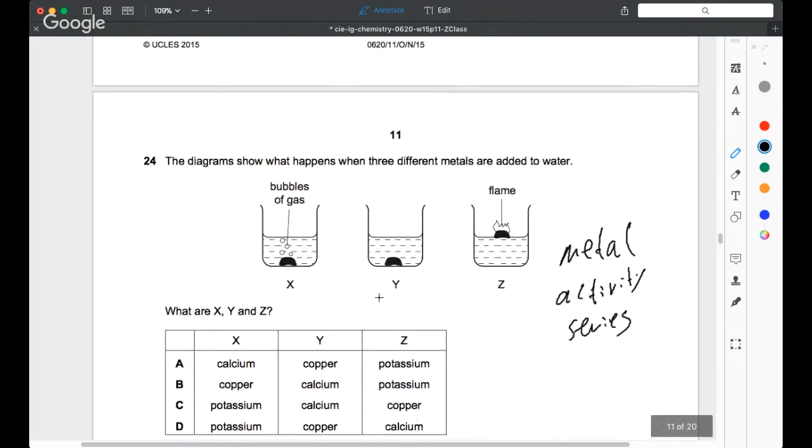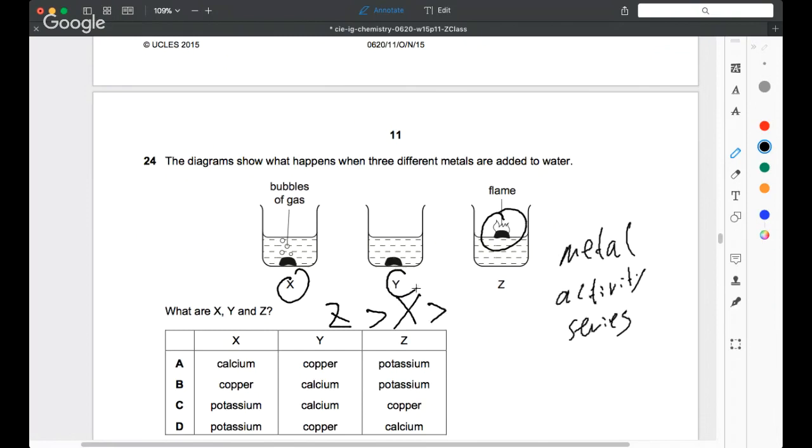Number 24. Okay, so number 24, we are looking at different reactivity of different metals. So this one, it reacts most vigorously, so that is the most reactive. And X, it reacts, but not as vigorously as that. So X is next in the reactivity.